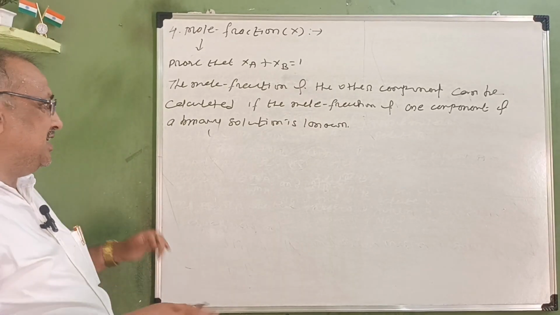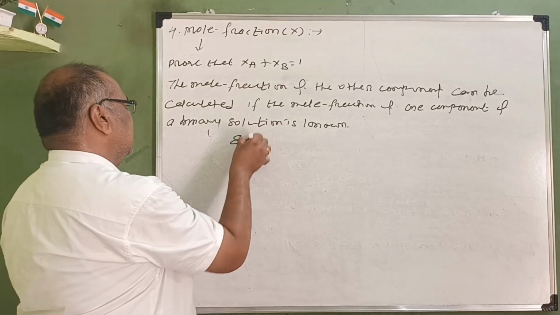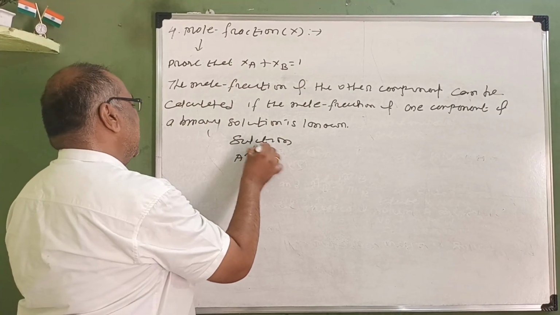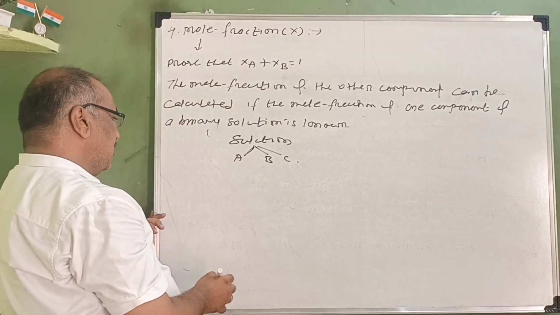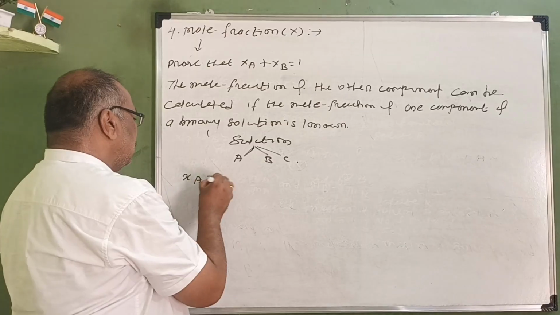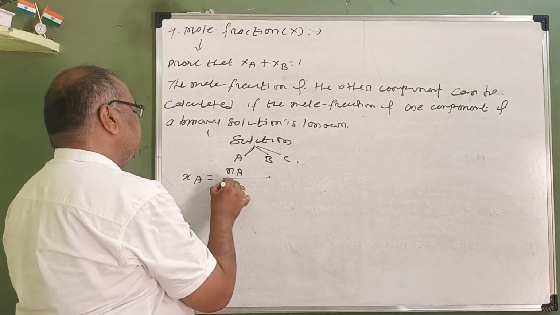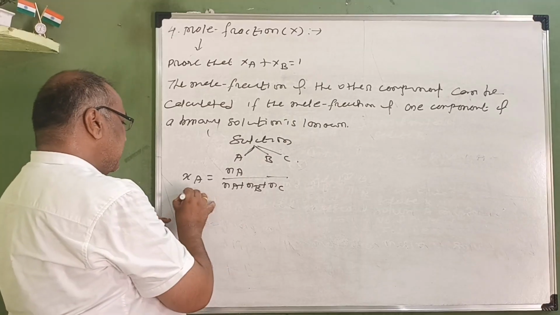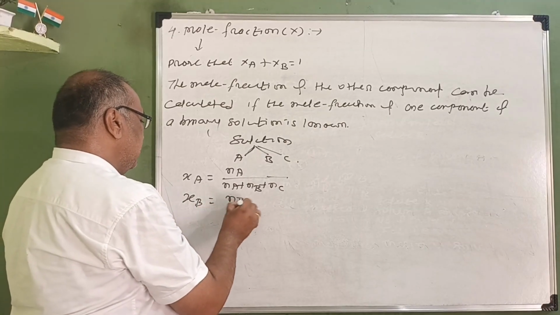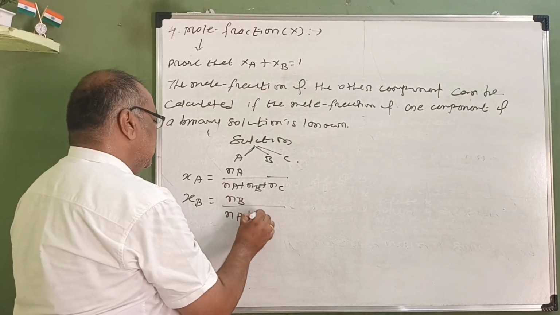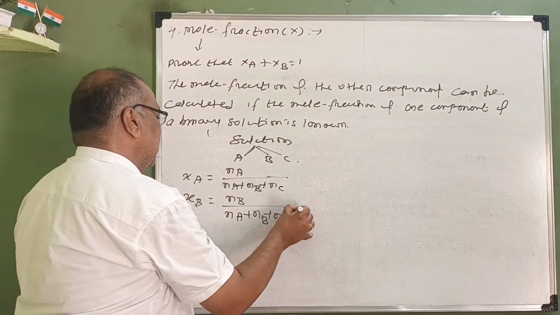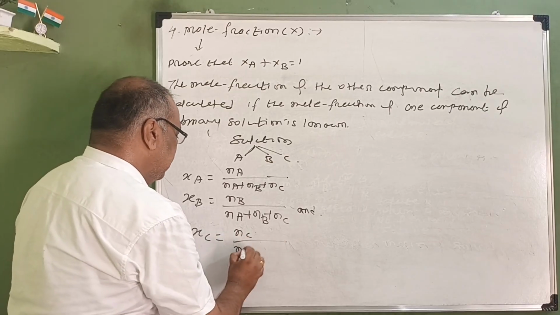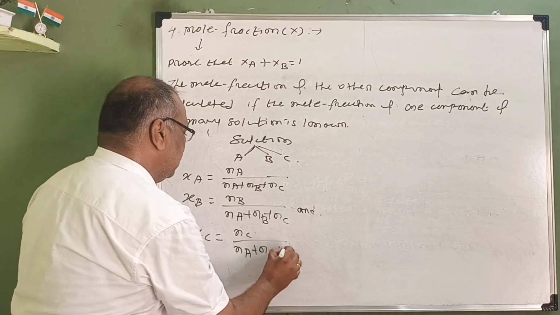Suppose the solution contains three components like A, B and C. Then the mole fraction of each component is XA equal to Na upon Na plus Nb plus Nc, Xb equal to Nb upon Na plus Nb plus Nc, and Xc equal to Nc upon Na plus Nb plus Nc.